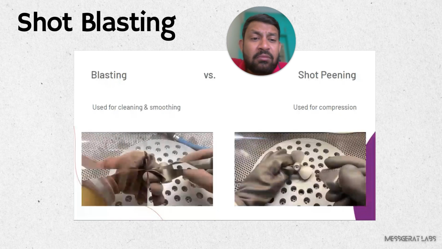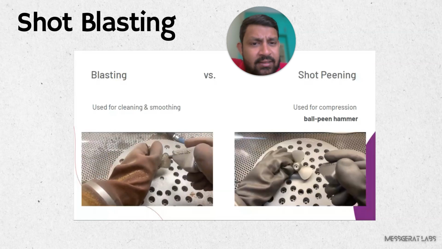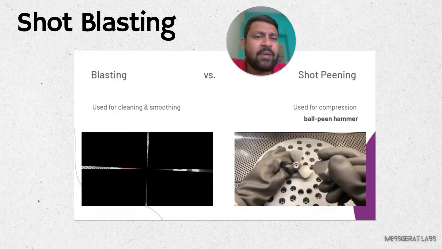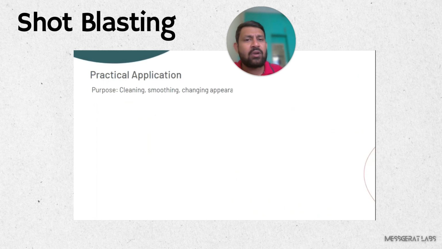Whereas shot peening is done with a slightly more compressed air pressure, so that it actually hammers the surfaces down and induces compressive stresses on the surfaces.